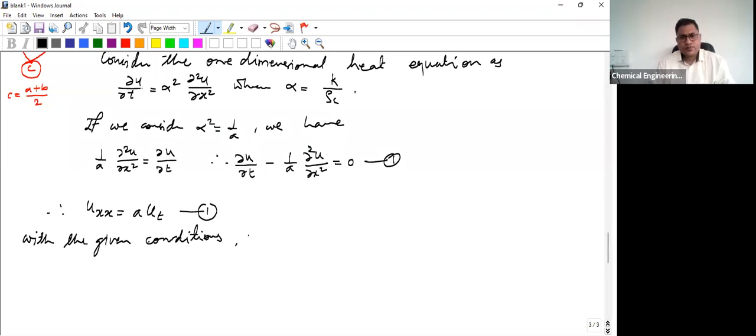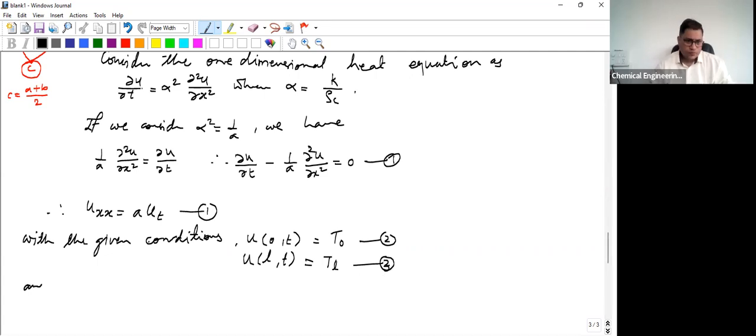So what we can have is u(0,t) is equal to T0. Let this be equation 2. u(L,t): this L is the boundary, 0 is the initial value, and L is the boundary value for x. So this will be TL. This is going to be 3.